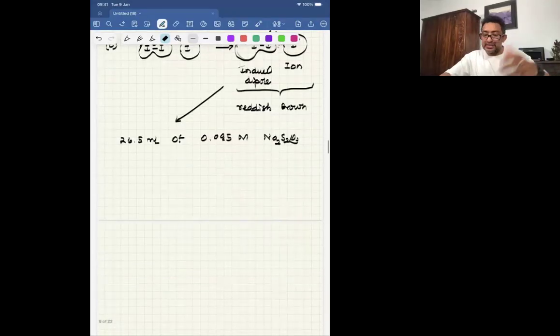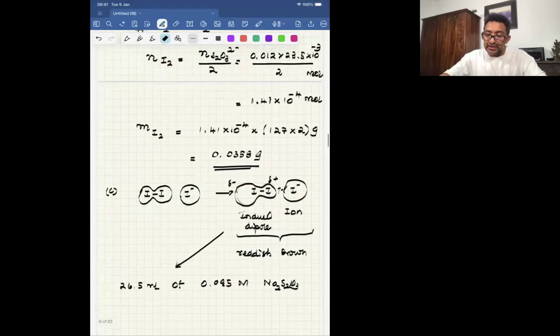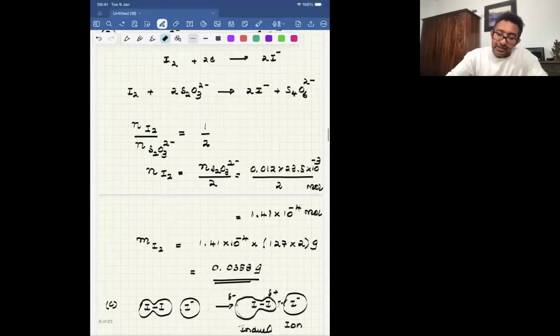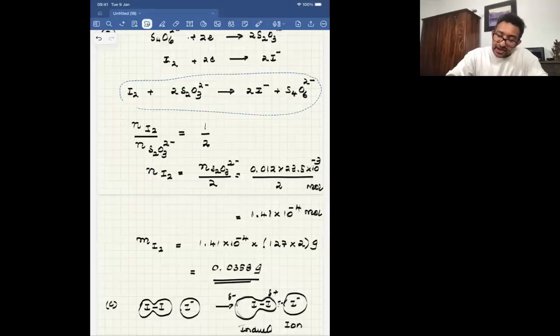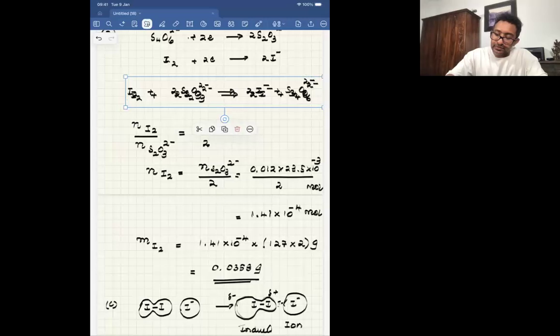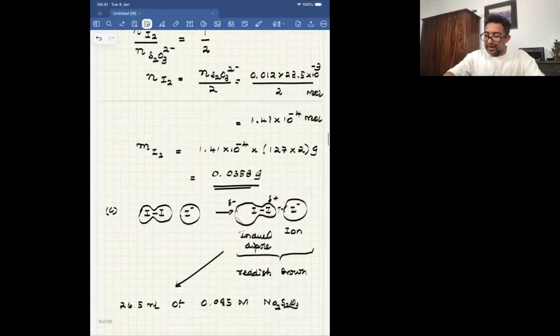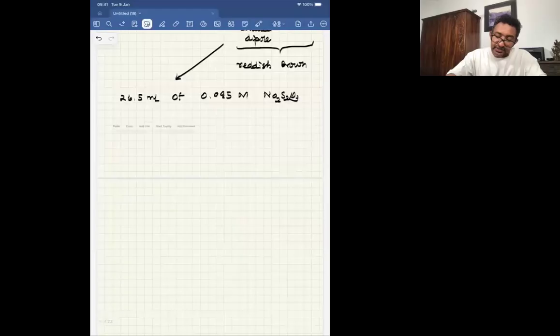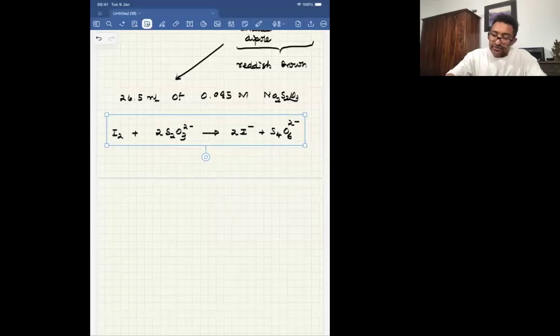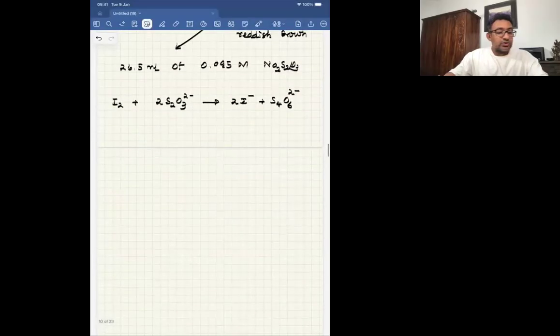So molarity means concentration. If you look at the reaction, it is the same reaction as before. What do they ask?